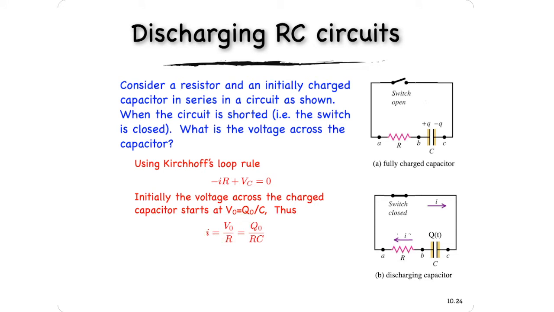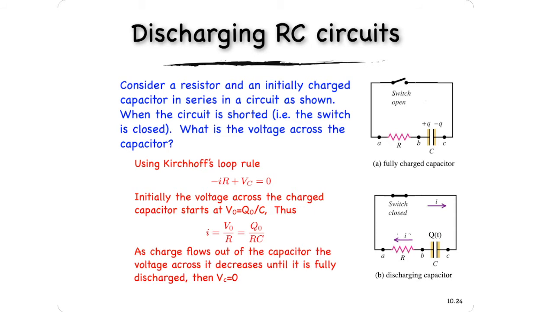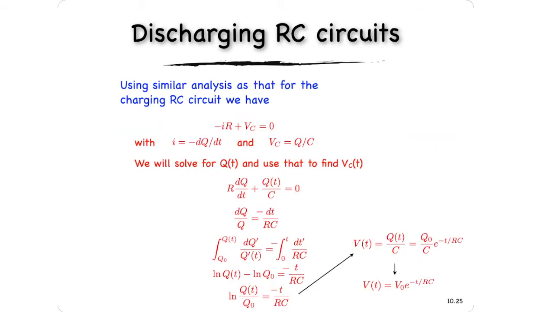Again, the current is initially going to be the initial voltage across the capacitor divided by R. So if I know how much charge is initially on the capacitor, I can solve for the initial current. But that's going to be changing as the charge on the capacitor decreases. I'm going to have less and less current flowing, until finally there's no more charge.